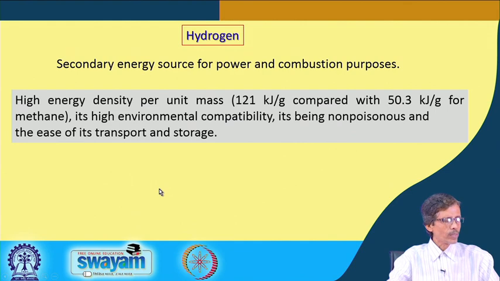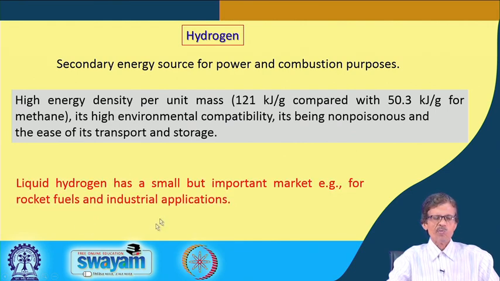But before that, we will see how we can get the production of hydrogen, because hydrogen can also be stored in liquid form, and this liquid hydrogen has a small but important market.